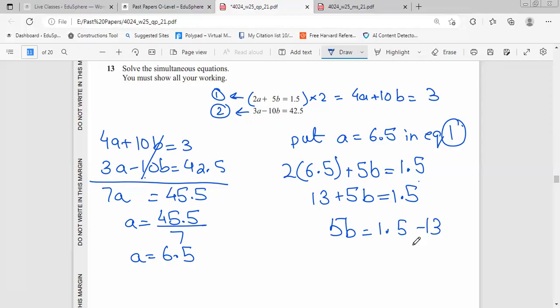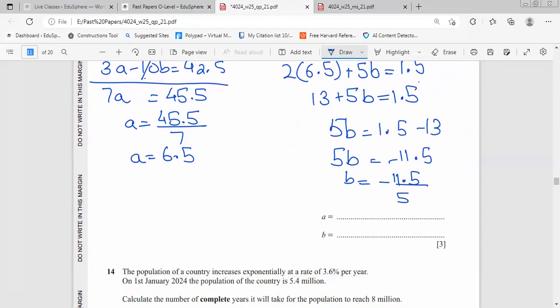So let me subtract 1.5 minus 13. I get minus 11.5. 5b equals minus 11.5. When I divide minus 11.5 by 5, I get minus 2.3. So the value of a is 6.5 and the value of b is minus 2.3.